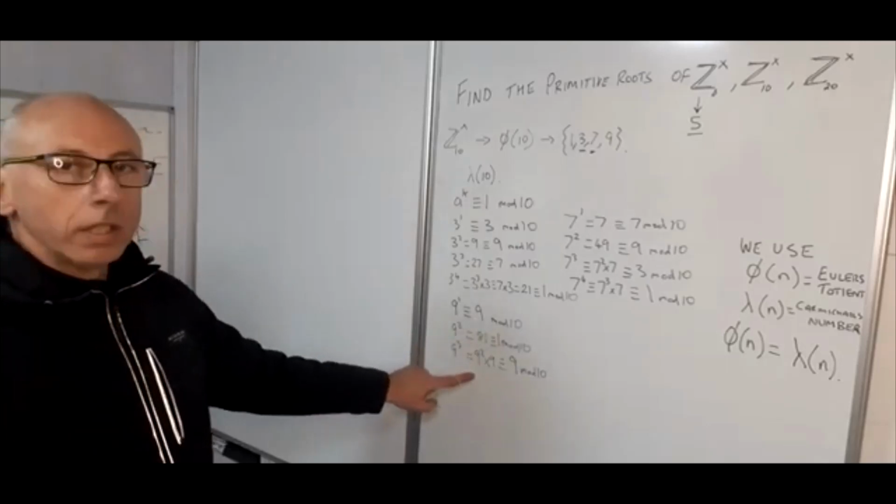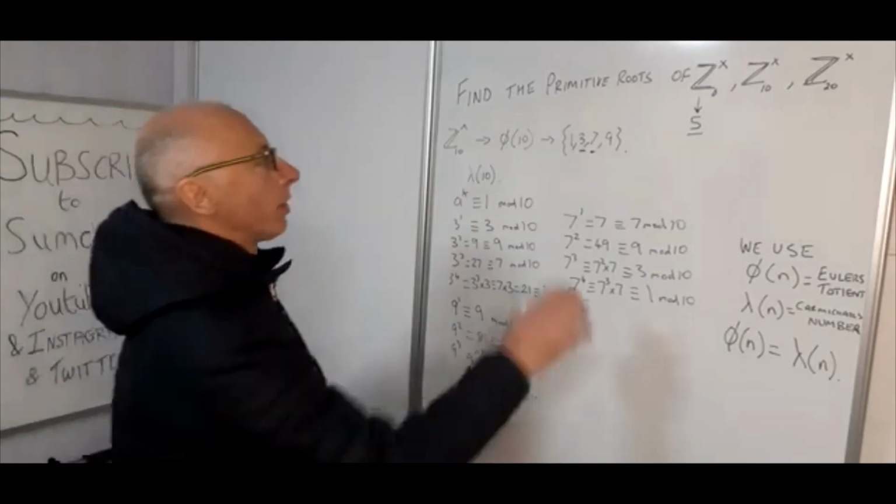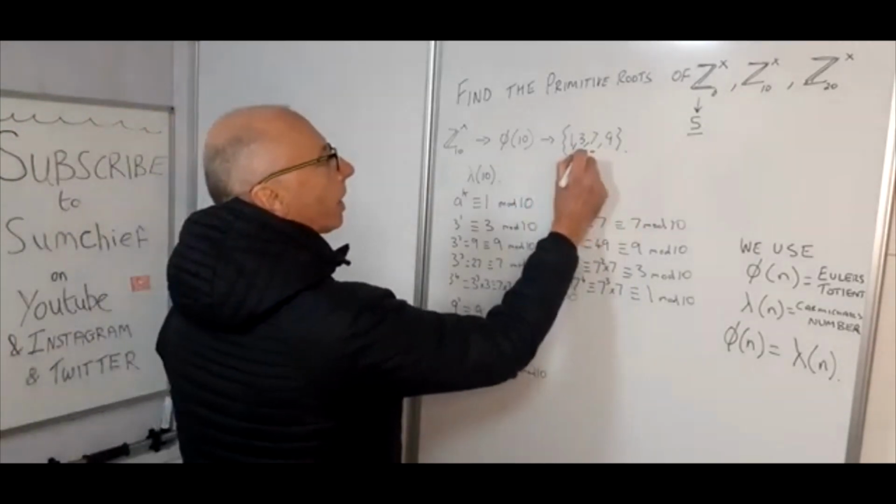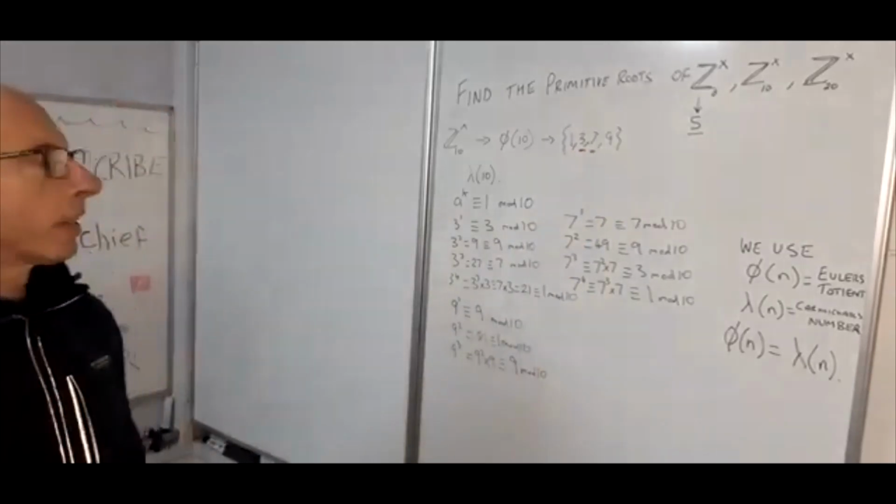So this one is not a generator, so all we're left with here is that 3 and 7 are generators.